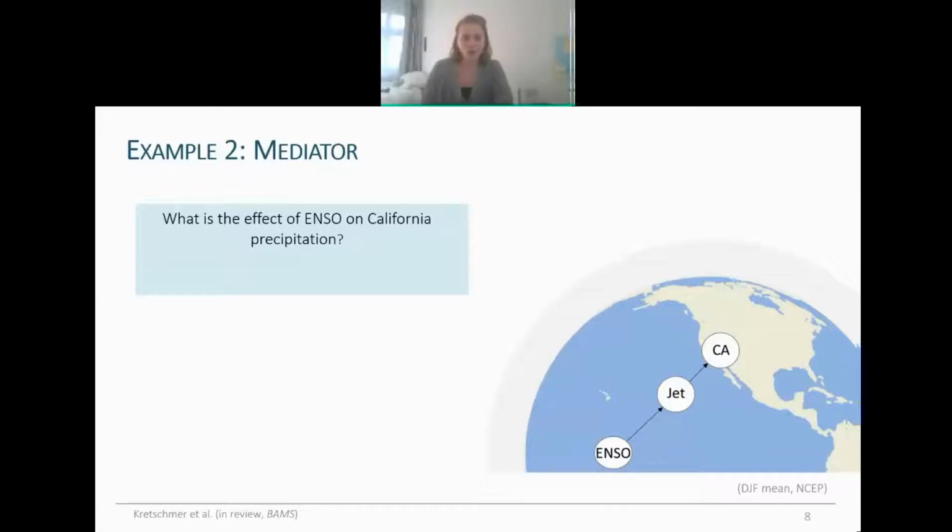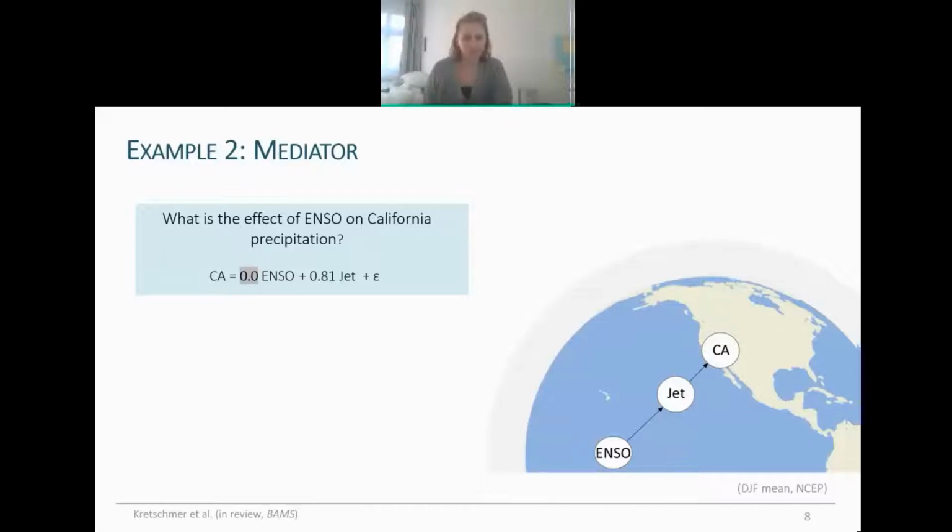But what we often do, when not considering such a causal network, is throw in all our different climate indices to make the best prediction, which in the predictive sense is also not a problem. But if we use ENSO and some jet index in a regression to describe California precipitation, we find that the regression coefficient is 0, which obviously makes no sense.